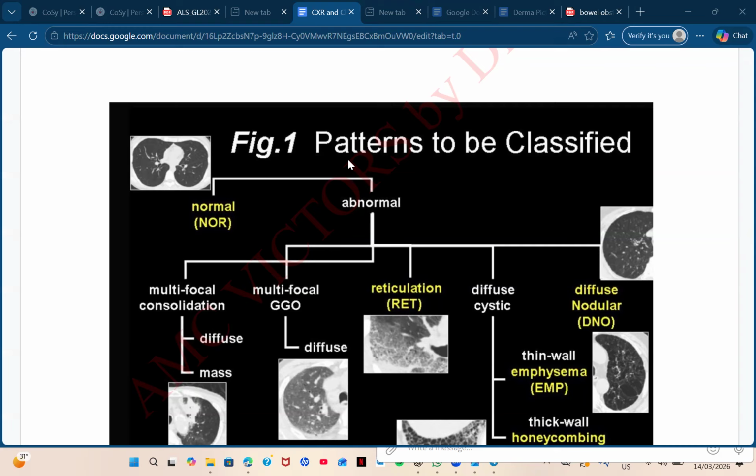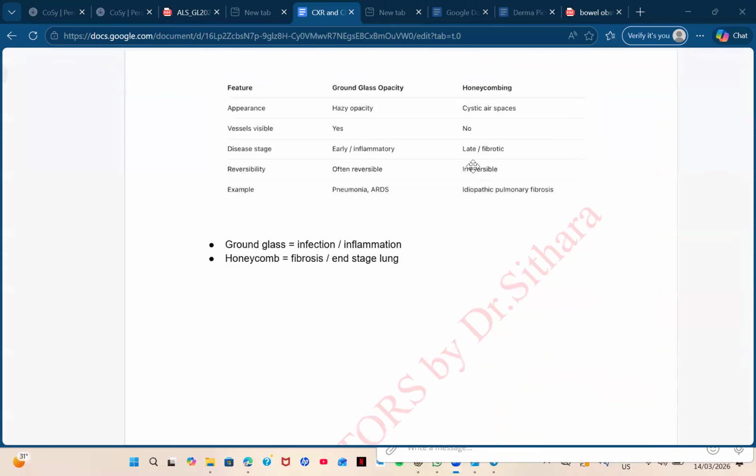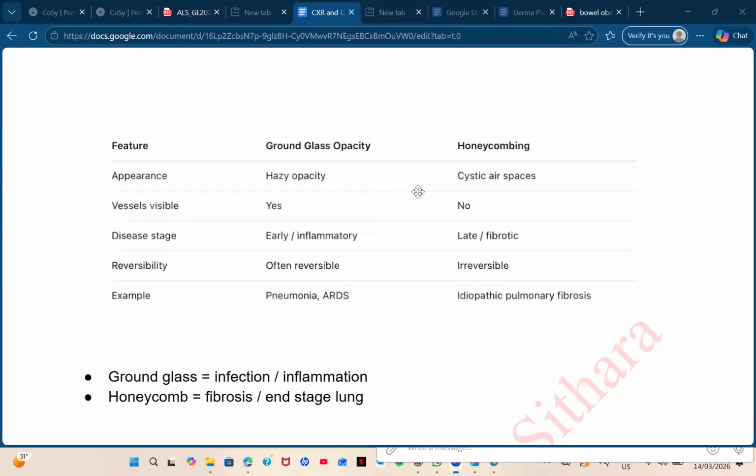Yes, interstitial lung diseases, specifically. Please remember something else about ground glass opacity and honeycombing. Honeycombing usually appears in very severe cases, that means the late fibrotic stage.